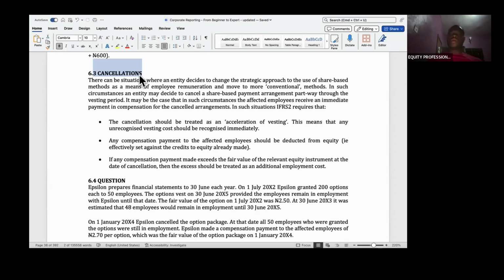And usually the compensation will even be higher than the value of that option. In a rational situation, it should not be lower because it's the employer that says he wants to cancel. So if he's canceling, he should be ready to bear the cost.